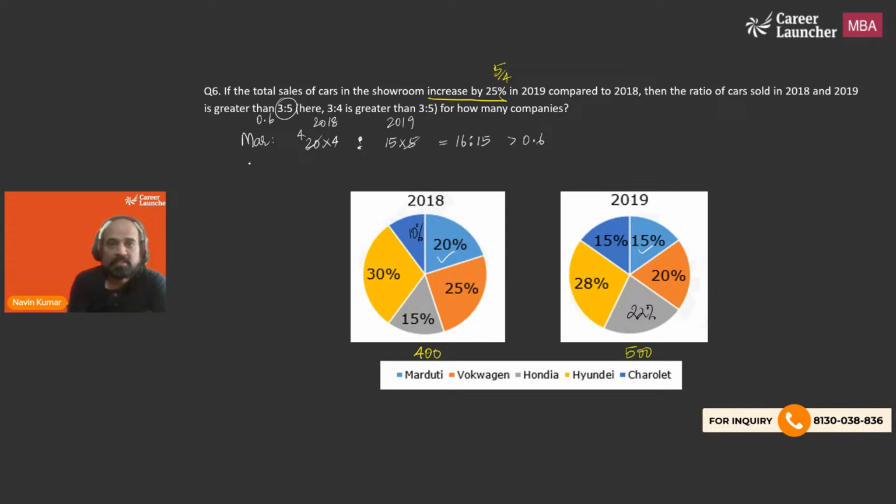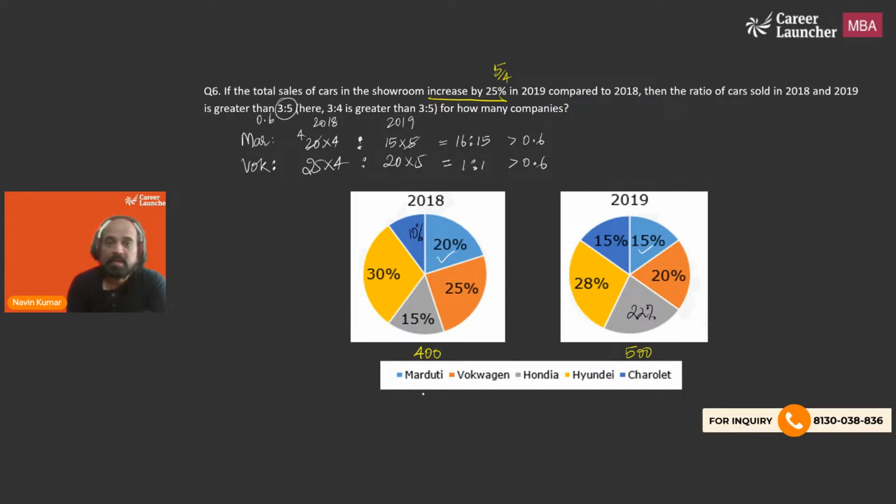If we look at Volkswagen, what you will see is that there is some decrease here. Percentage 25% becomes 20%. So the percentage share decreases, but the overall value increases. So we need to see how much change that is going to give us. It's going to be 25 into 4 is to 20 into 5, which is 100 each. So this is basically 1 is to 1, which is again more than 0.6.